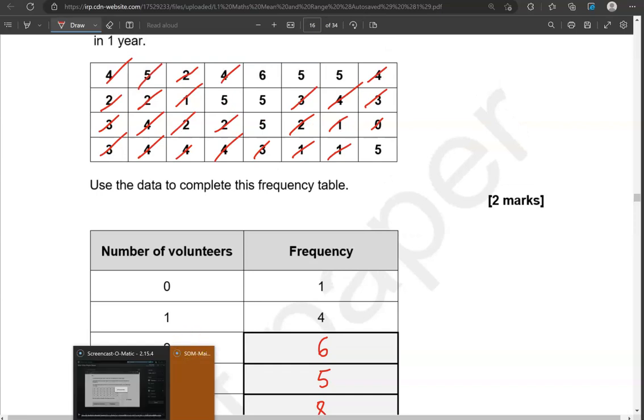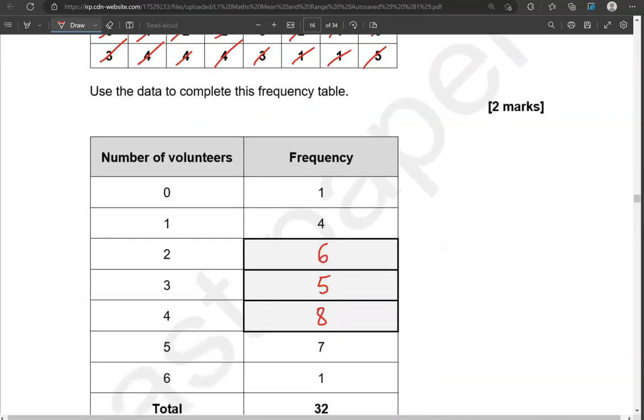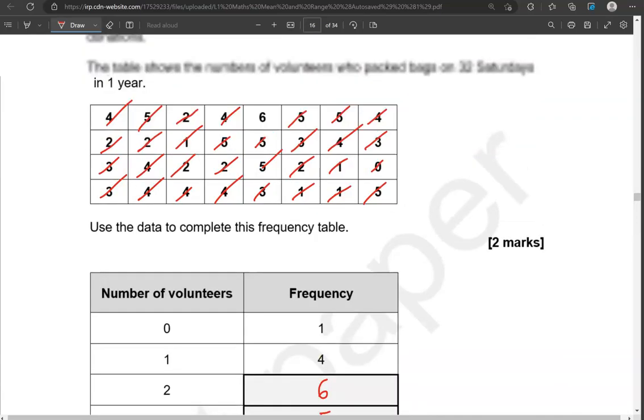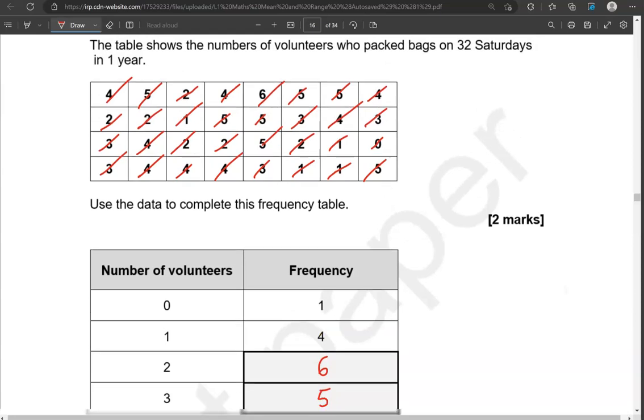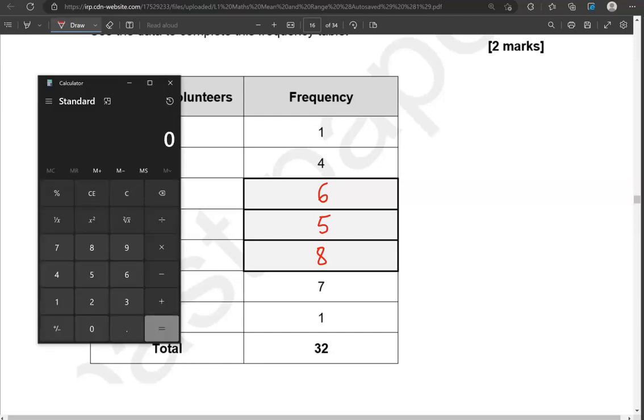So we have 1, 2, 3, 4, 5, 6, 7 of them, and 6, there is just 1. We've crossed out everything. So do these add up to 32? So 1 plus 4 plus 6 plus 5 plus 8 plus 7 plus 1 gives us 32.